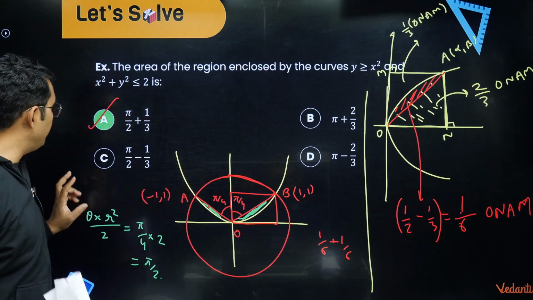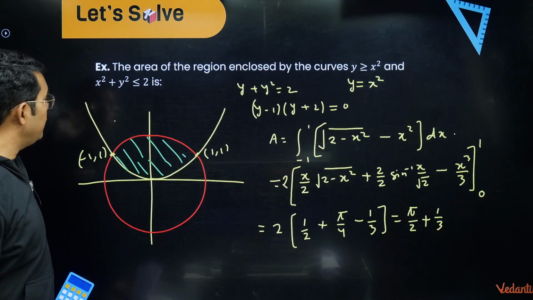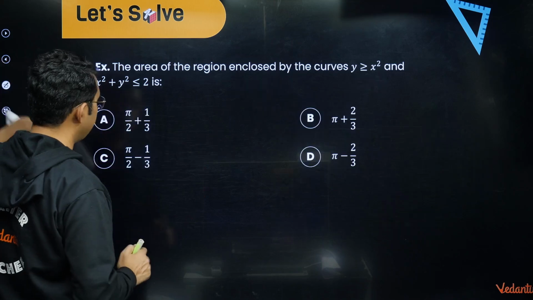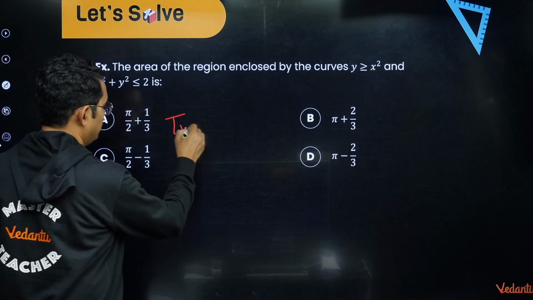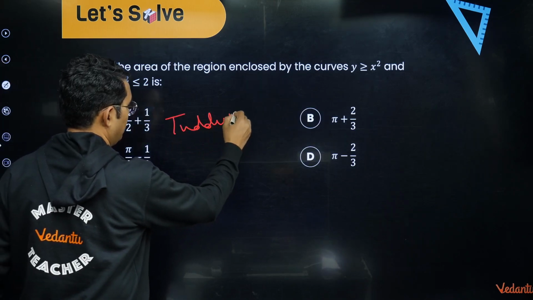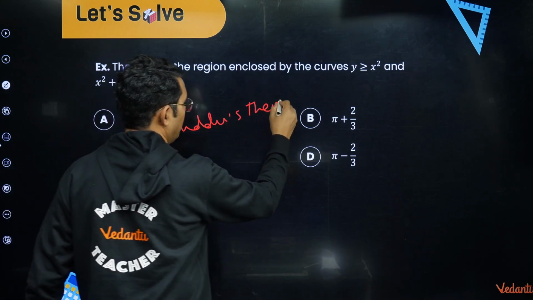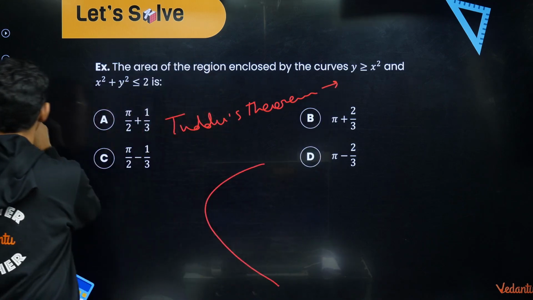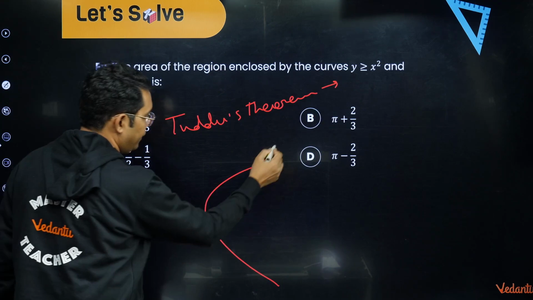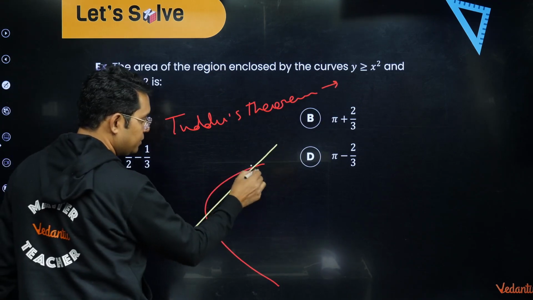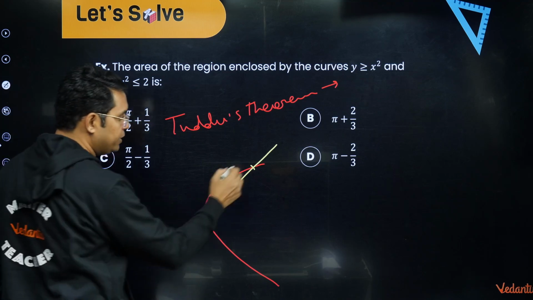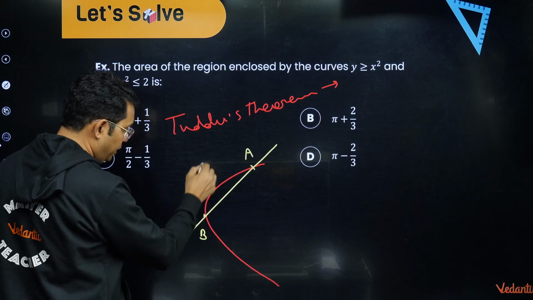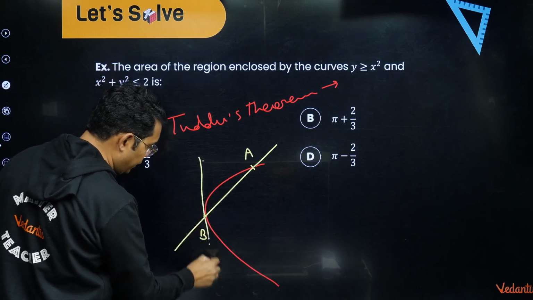There is one more result I would like to tell you, called Todhunter's theorem. What is Todhunter's theorem? If you are given a parabola like this, and there is one secant of this parabola meeting it at A and B, and let's say this is the tangent at vertex.